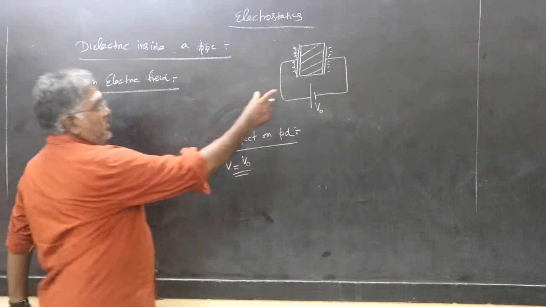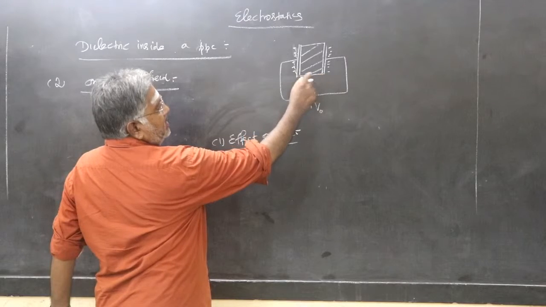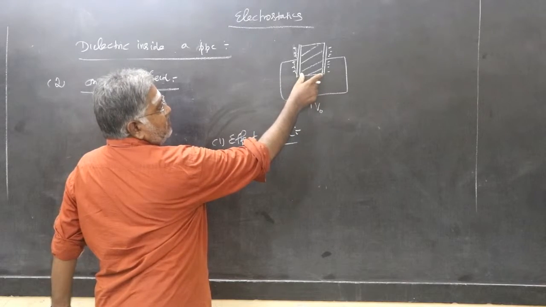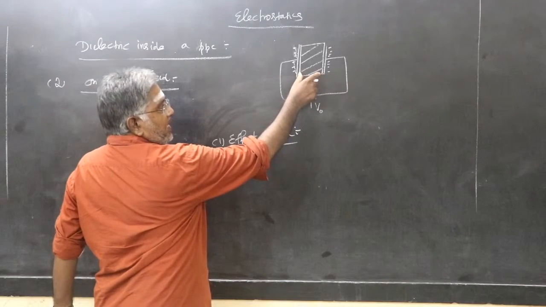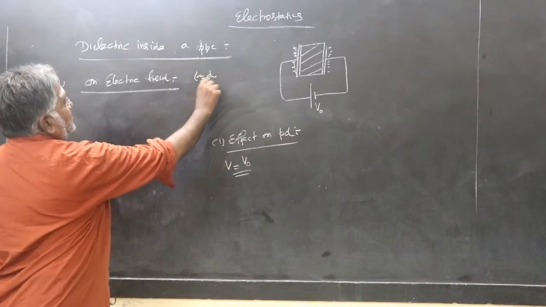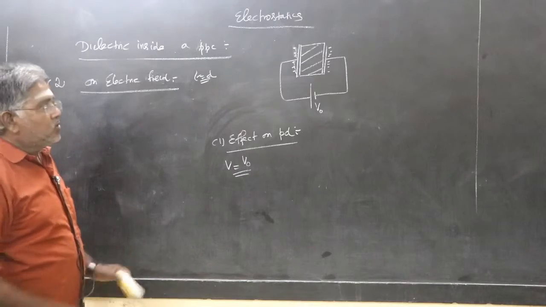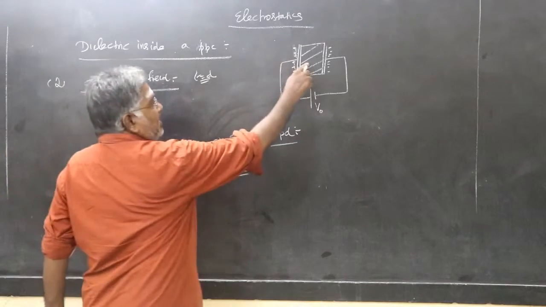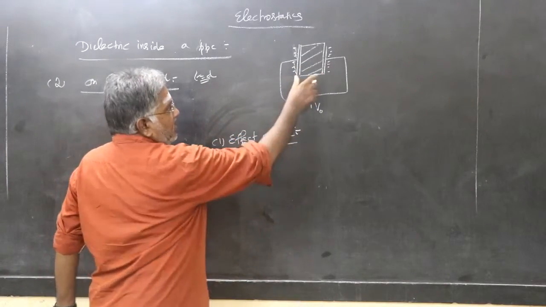This is D, that is the thickness of the dielectric. D, and also it is T, because we have taken the case T equal to D. Currently we are discussing T equal to D. So electric field here will be V by D inside.